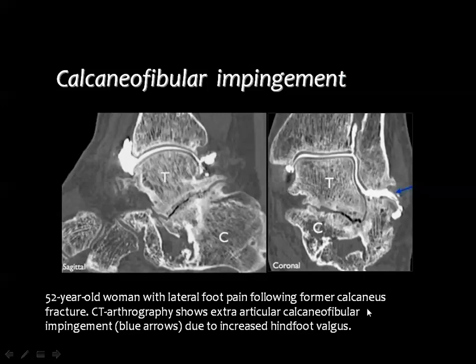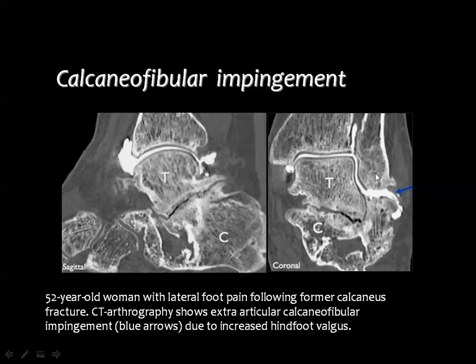And this is 2D sagittal and coronally reformatted CT images after ankle joint arthrography, showing the classic appearances of calcaneofibular impingement. You see severe osteoarthritic changes of the subtalar joint with almost total obliteration of the joint space, prominent osteophytic lipping of the articular surfaces.